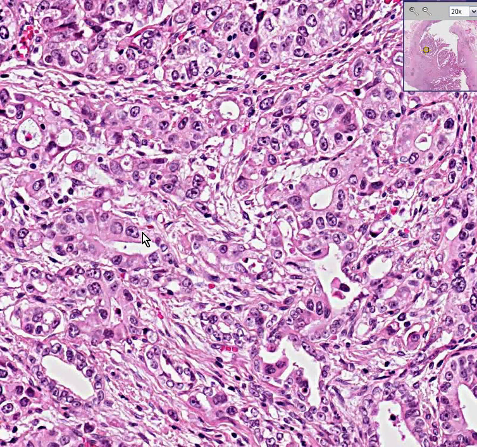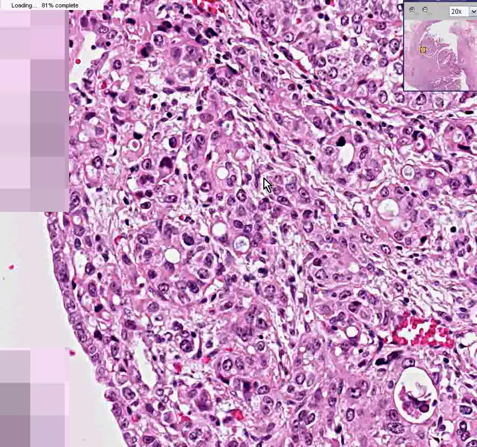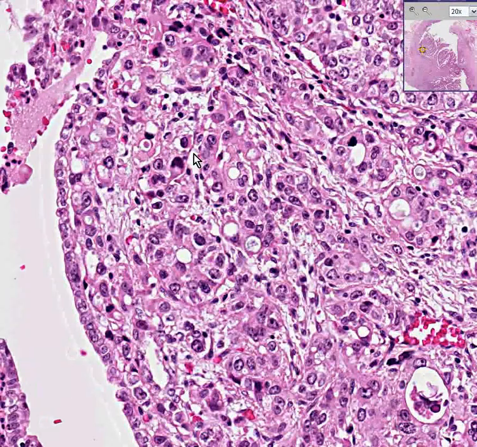And in this area, although you could probably call this a gland, in many areas it kind of loses its glandularity. And in some areas like here, you might have a hard time trying to figure out which was an actual tumor cell and which was a normal connective tissue cell. And that's pretty much what we see out here.